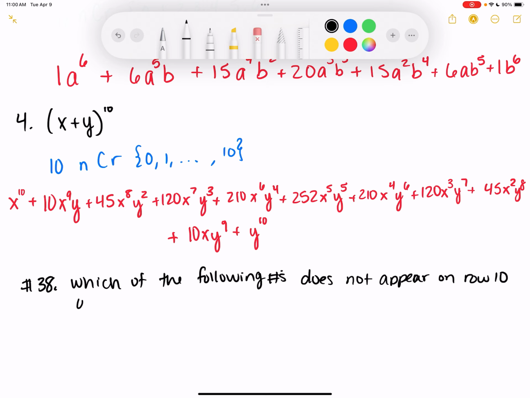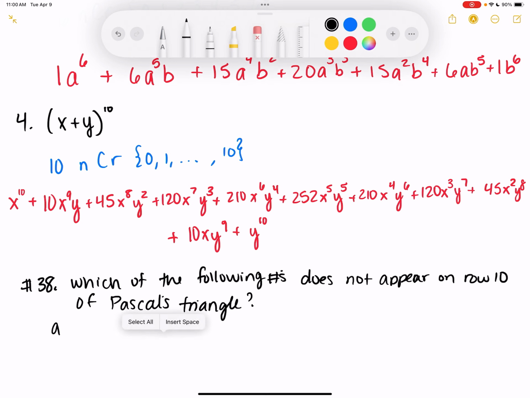So row 10 of Pascal's triangle. If this question was not on the calculator portion, you'd obviously need to write out Pascal's triangle. I would say on your scratch paper, just write it once and then refer to it. But if it's on the calculator portion, just type it in like we did and then look through.